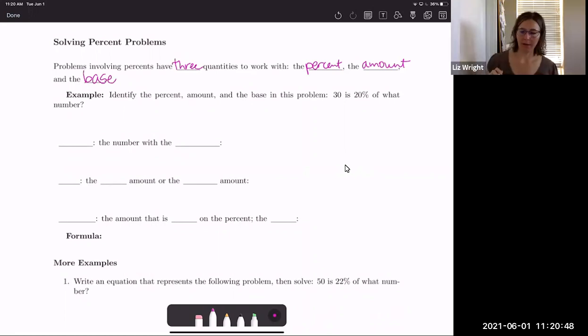And so that is why in the developmental math classes, we are kind of focusing on that particular terminology, where we have a percent that the problem is going to talk about. We have our amount, which is kind of our result, the resulting amount or the result. And then the base is the original amount.